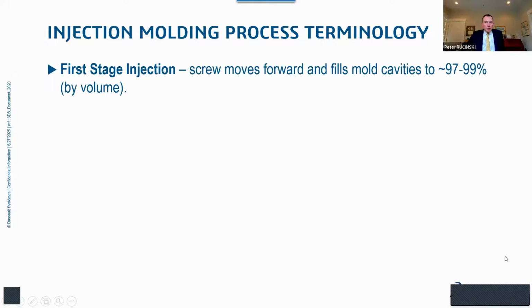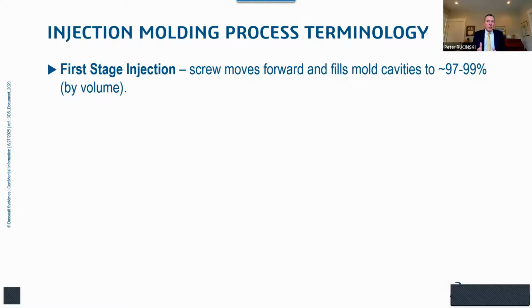Some injection molding process terminology that we use in the plastics industry. This is kind of injection molding theory 101. Once the melted plastic is ready to inject into the mold, the first thing that happens is what we call first stage injection. The screw of the injection molding machine moves forward and fills the mold cavities, typically to about 97 or 98% of their volumetric capacity.